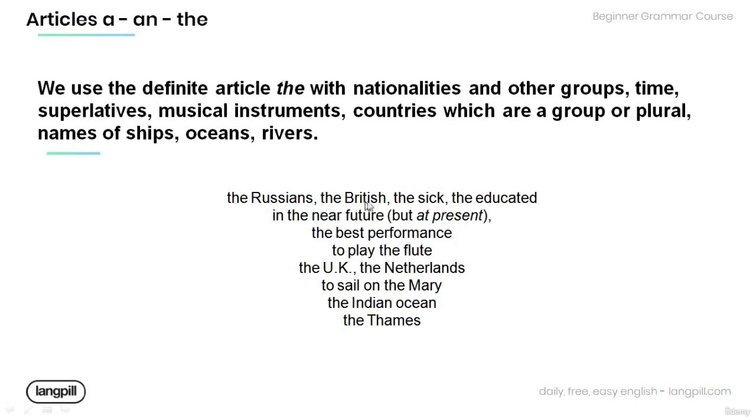The Russians, the British, the sick, the educated. In the near future, but at present. The best performance. To play the flute. The UK, the Netherlands. To sail on the Mary. The Indian Ocean. The Thames.